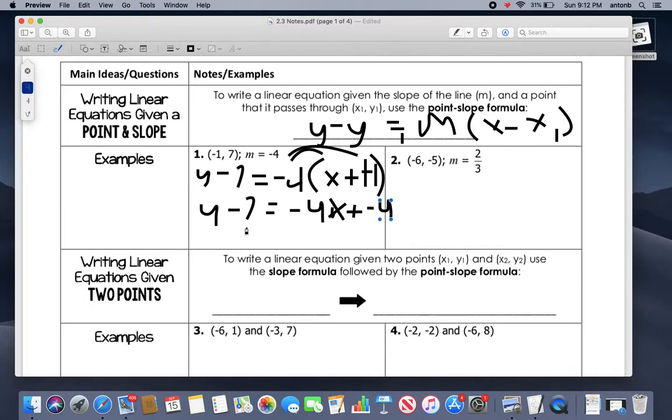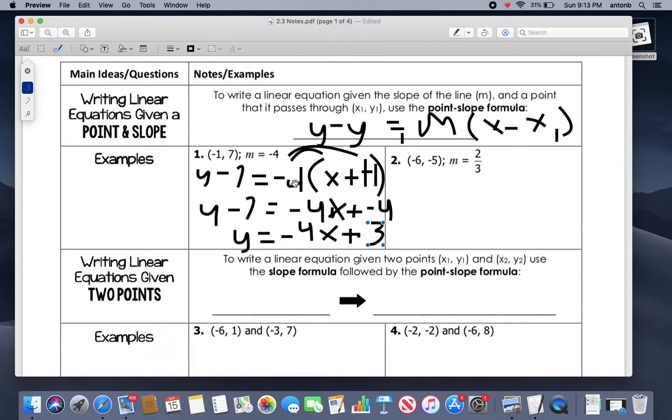Now all you have to do is move the 7 over, so you add 7 from this side to here. And now you have y equals negative 4x plus 3.